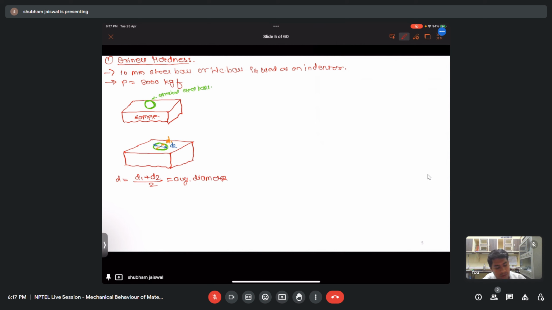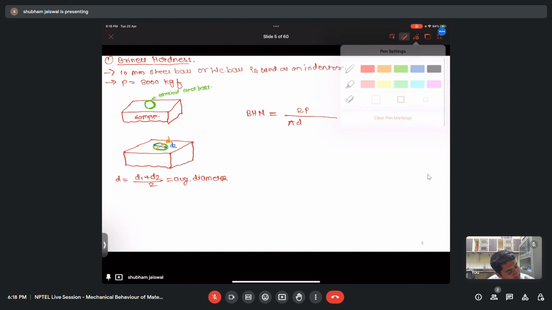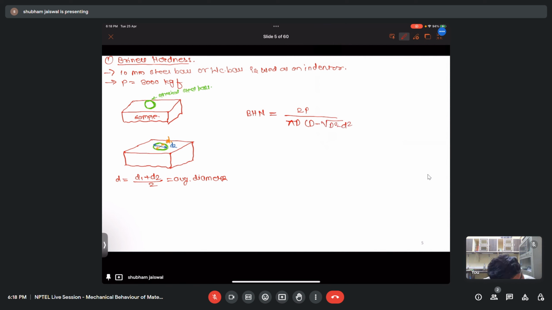In this case, the Brinell hardness number, the BHN, is given by the formula 2P upon pi D into (D minus root of D square minus d square).